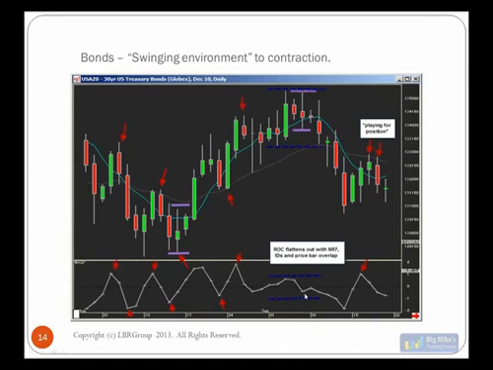So for example, this could have flipped up right here, and it would say, oh, go long right here, but you can see it was a narrow range bar, so this turn up had no statistical significance. Of more importance was the 3-bar breakout coil that's set up here that led to the downside breakout.